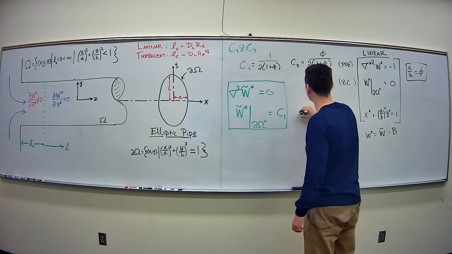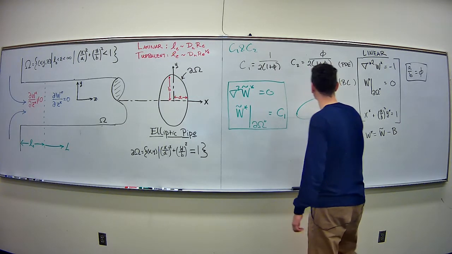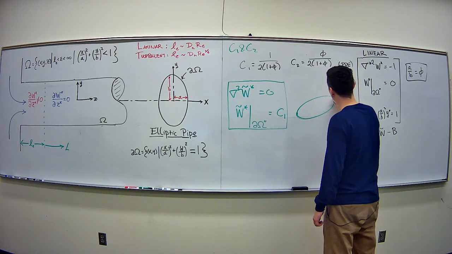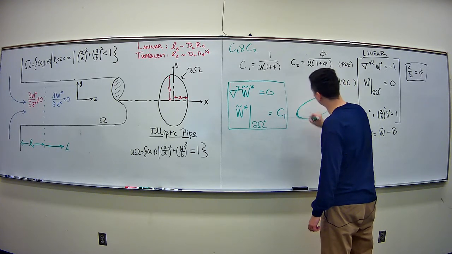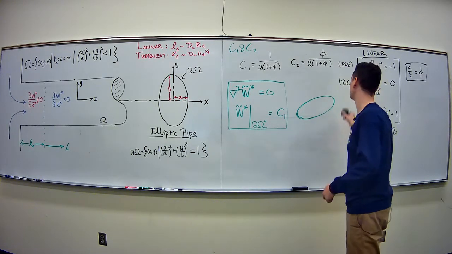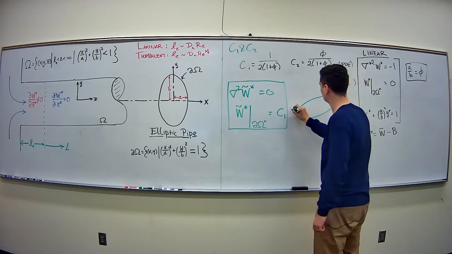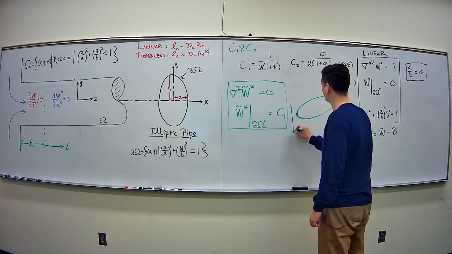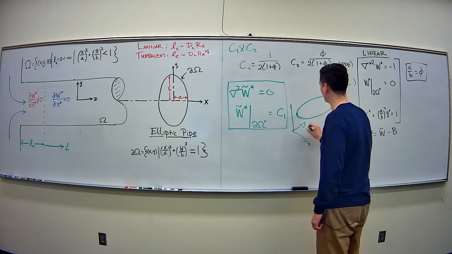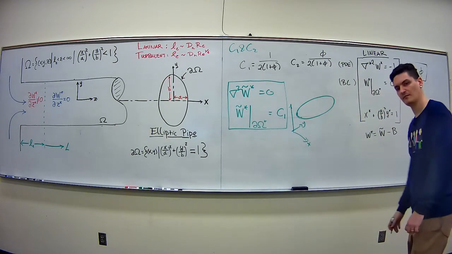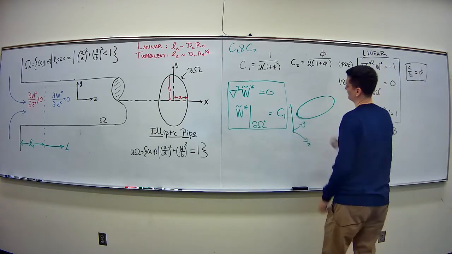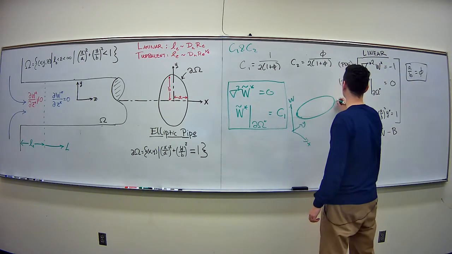So if it's, say, this elliptical situation right here, what we're getting at is that this is an x and a y, and that along the boundary this function, if this is w, is all just equal to C1.